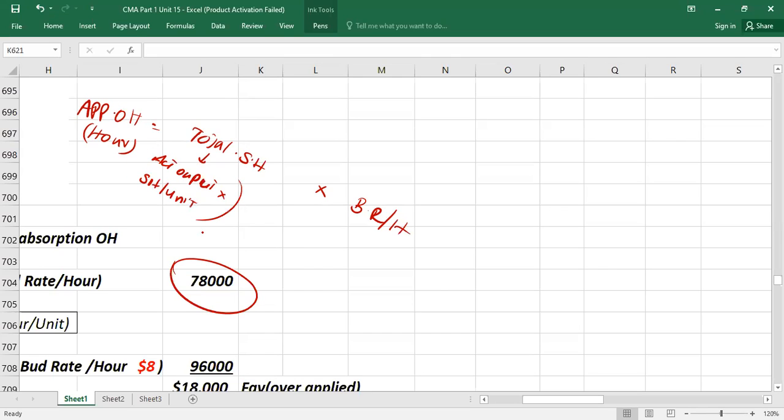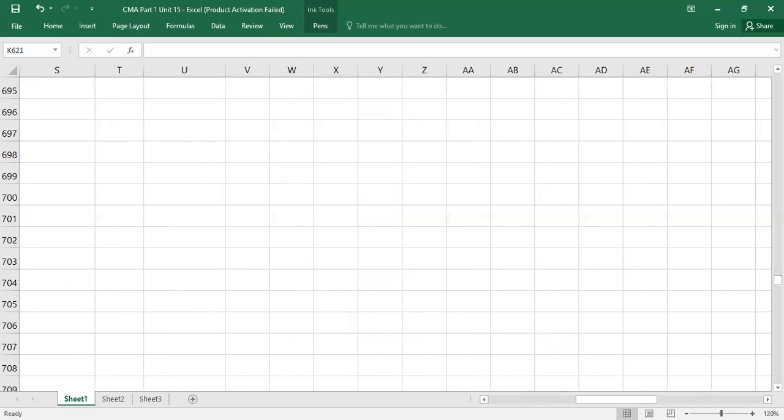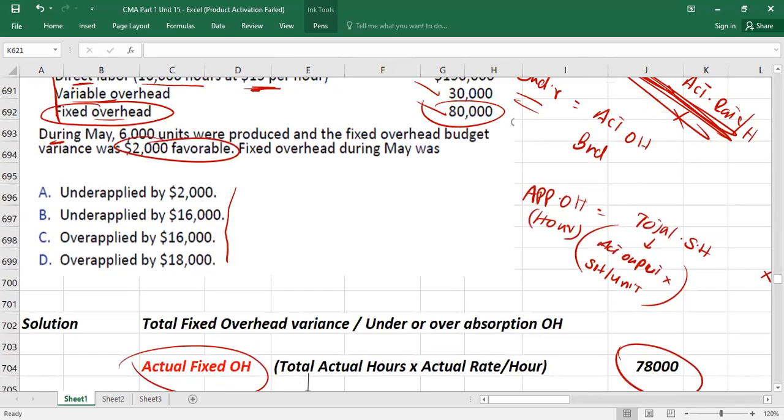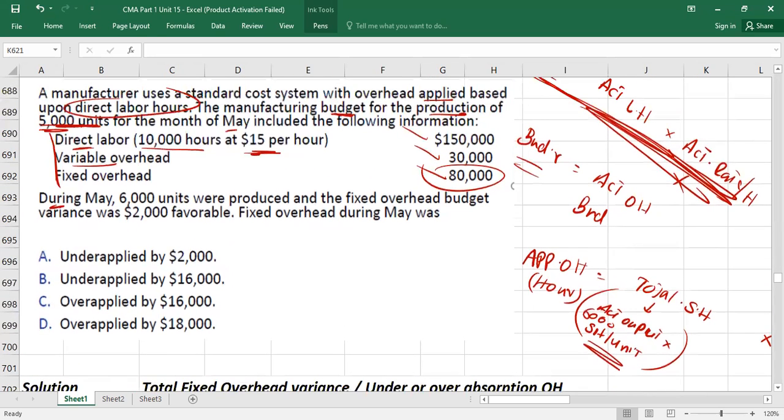This is how you will get total standard hours, right? Look from the question first. Where is the actual output? 6,000 units. Actual output is given as 6,000 units. I'll take 6,000 units into the standard hours per unit, the budgeted hours per unit. See how much from the question.